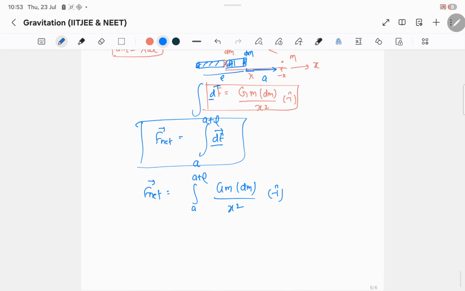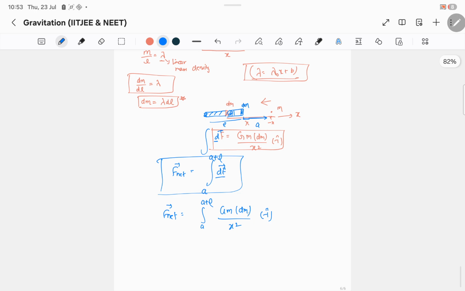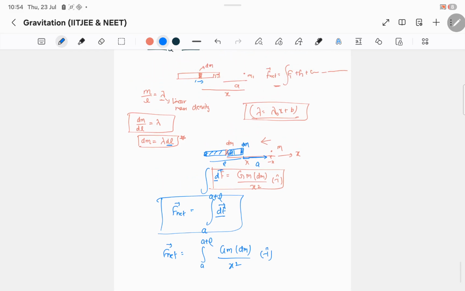Now we have to take the value of dm in terms of dl. Here I have taken dl, which means the length of this element, but you could have taken it as dx also. So better you replace it with dx. Don't get confused with these variables.